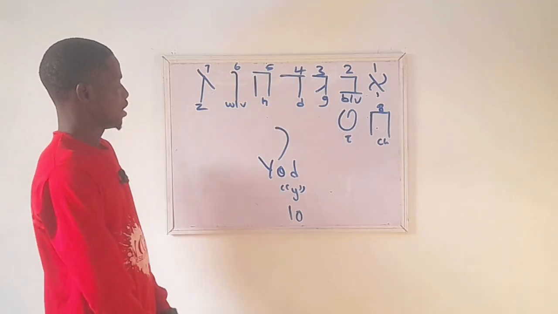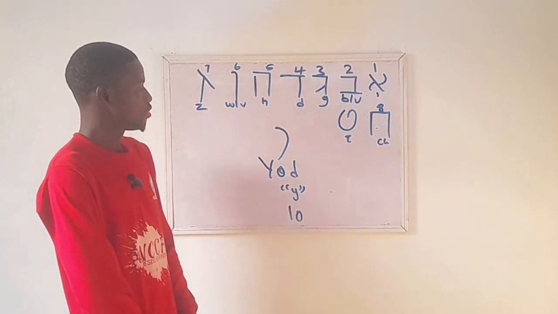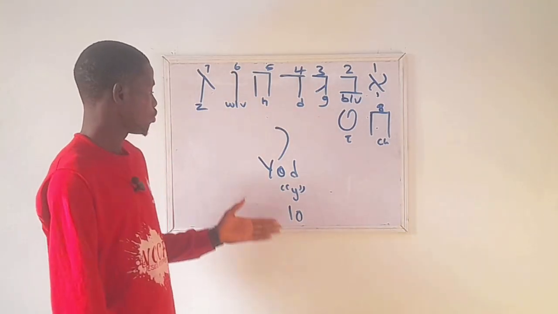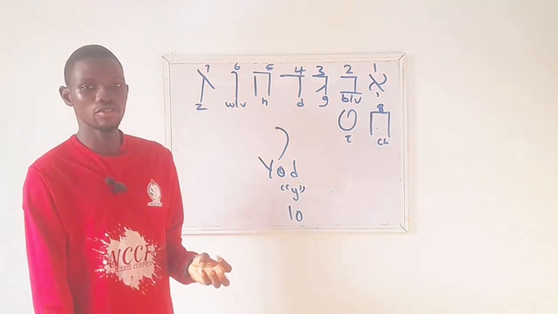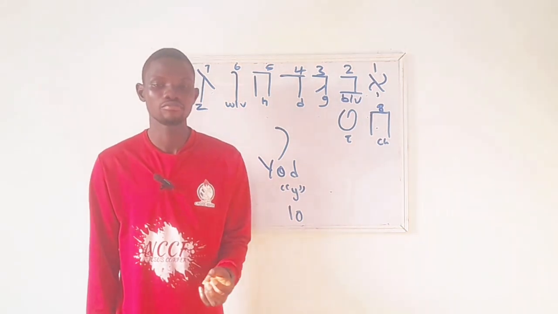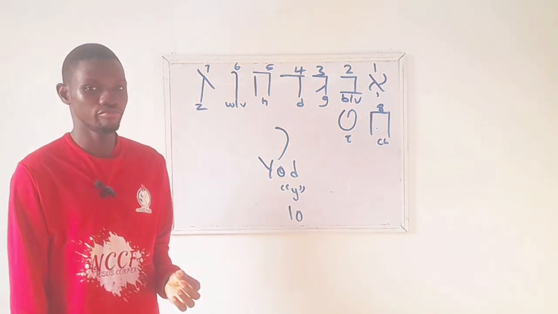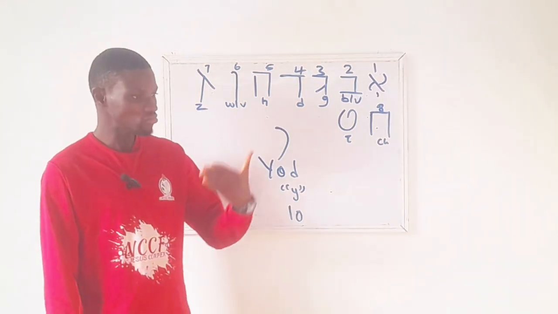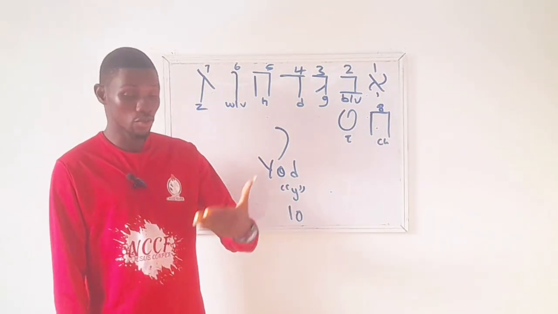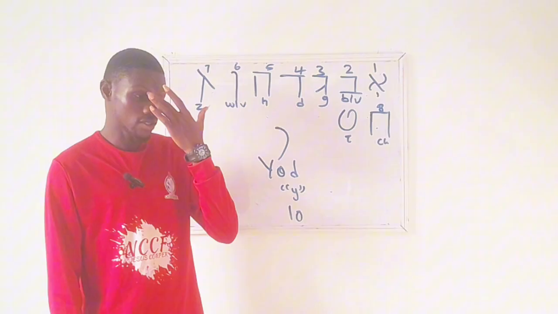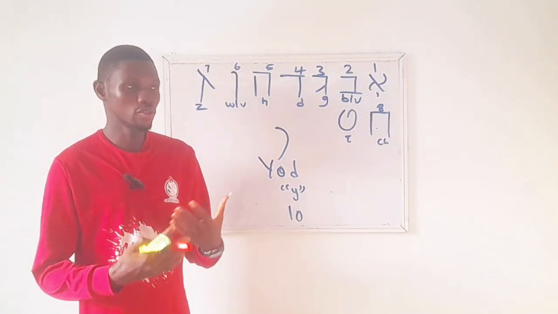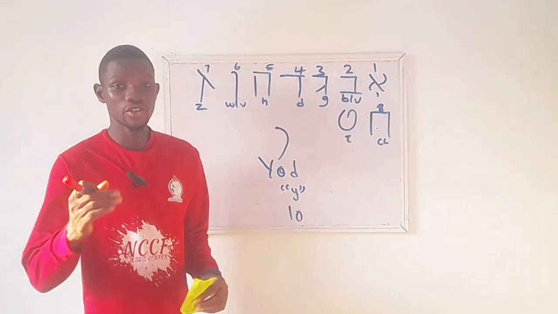Now you need to go and watch the video on transliteration, transcription, and translation. It's one of the videos that you need to watch before we begin to do many other things.